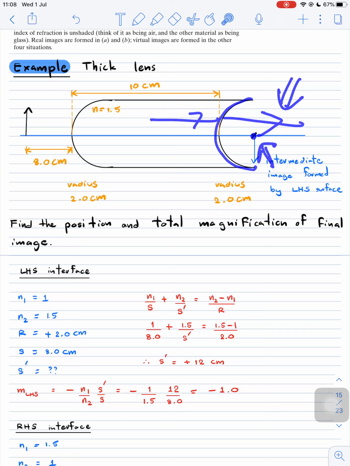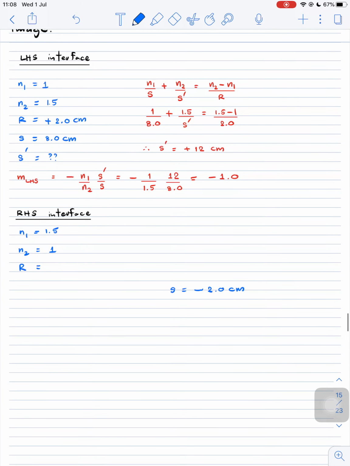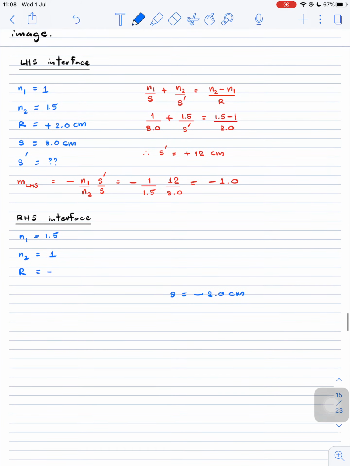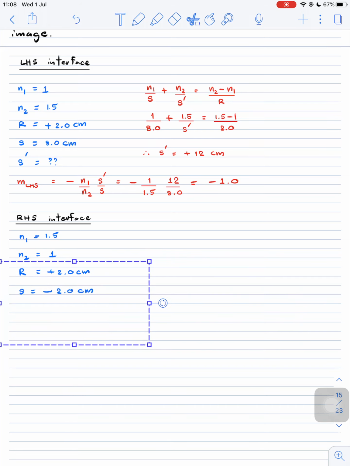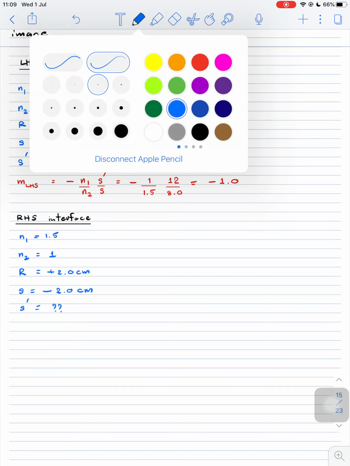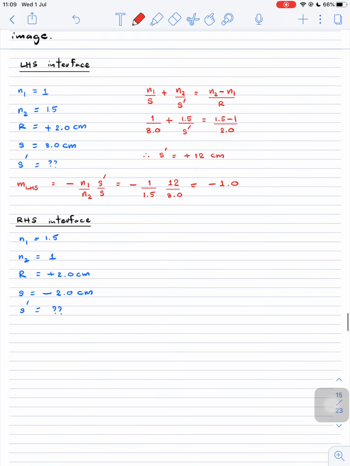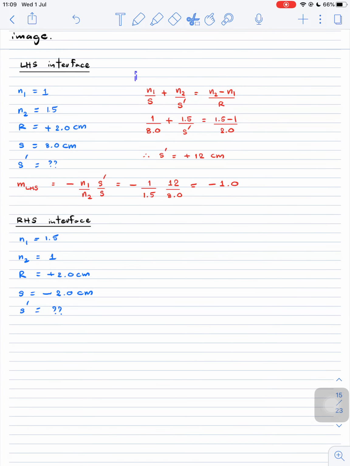It means that the radius of curvature must be positive, so R equals plus 2.0 centimeter. We have this s already, and we just want to find s'. Then we just follow the same equation. We have this one.